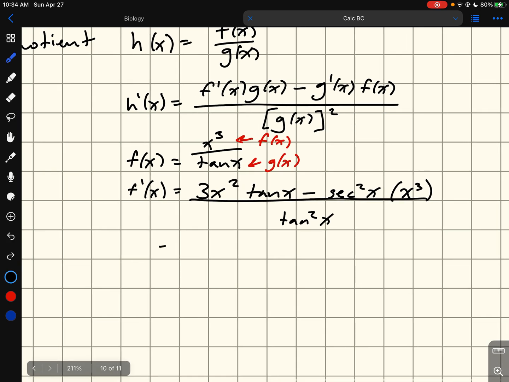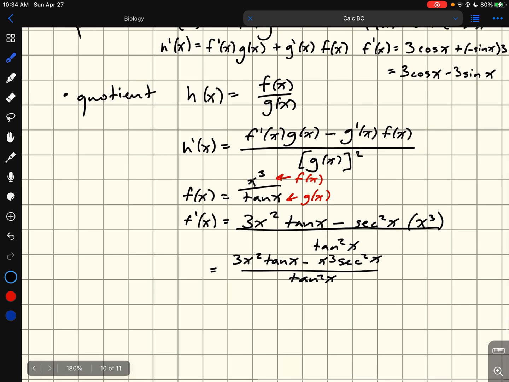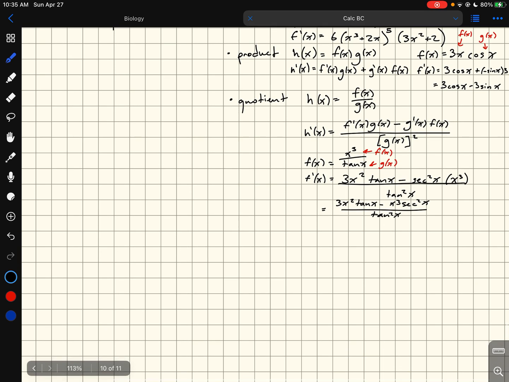Yeah, why don't I do that just to clean it up? So that is your derivative. So, those are the derivative rules.